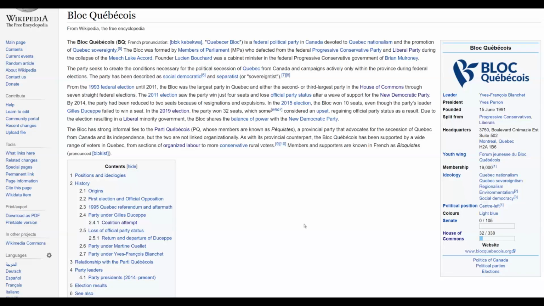Conservative rural voters vote BQ, like Catholics do a lot of the time, but also urbanites and like intellectuals. Basically, the BQ exists as a Quebec grievance group, and Quebecers vote for it whenever they don't get enough money from the federal government or they don't feel that they're going to get their way.